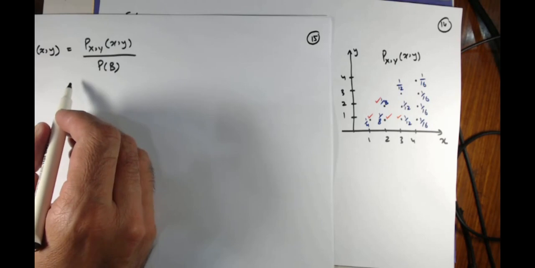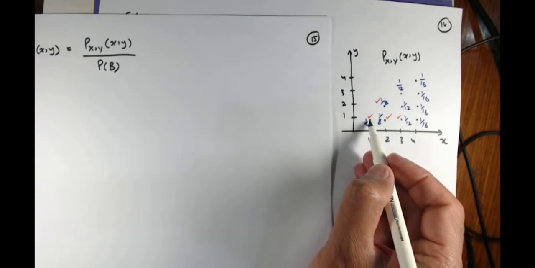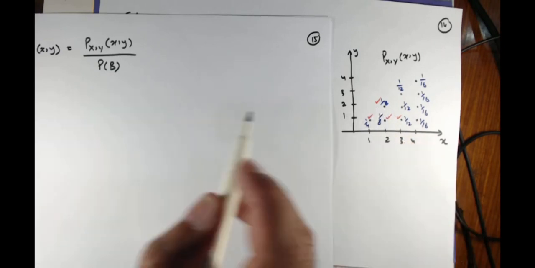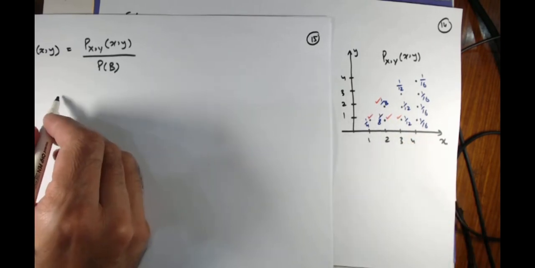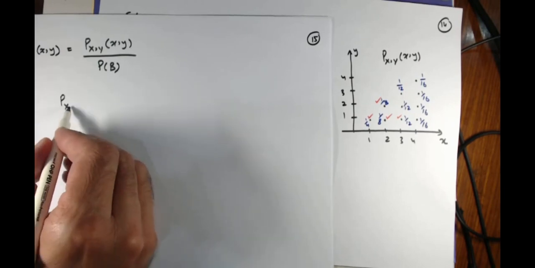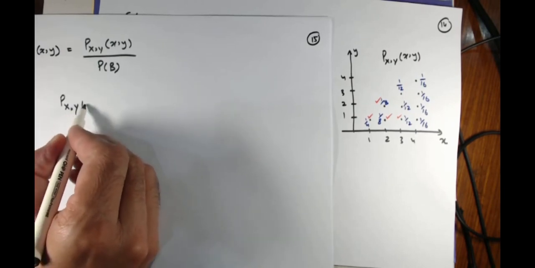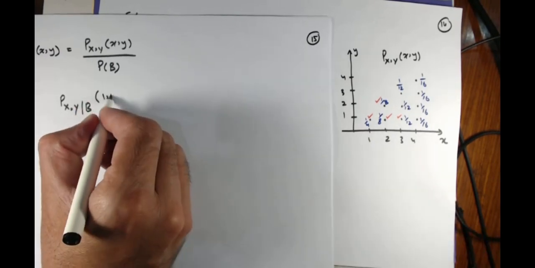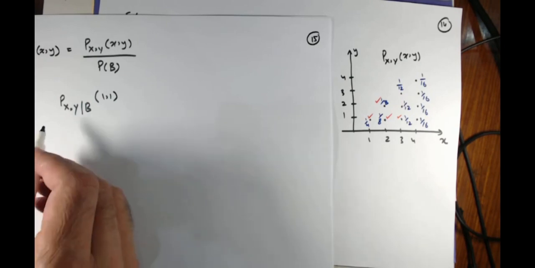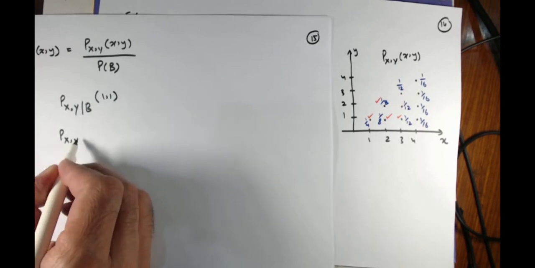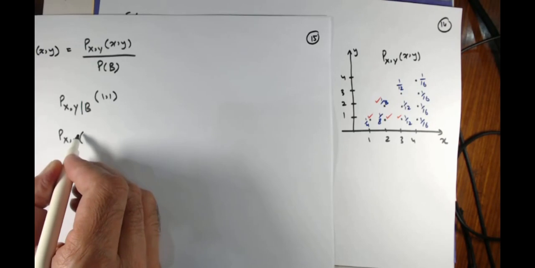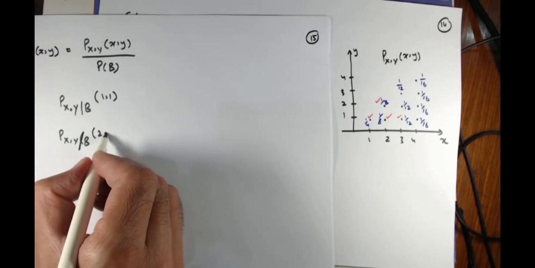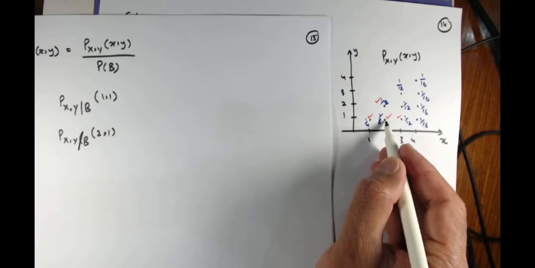Now we need to find the conditional probability of this point, and this point, only 4 points. So we have P sub x comma y given B of, say, this particular point, 1 comma 1. We'll have P sub x comma y given B of 2 comma 1, which is this particular point.